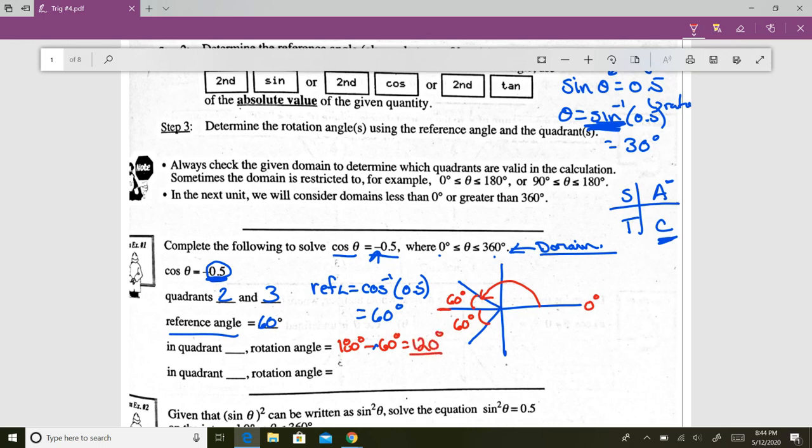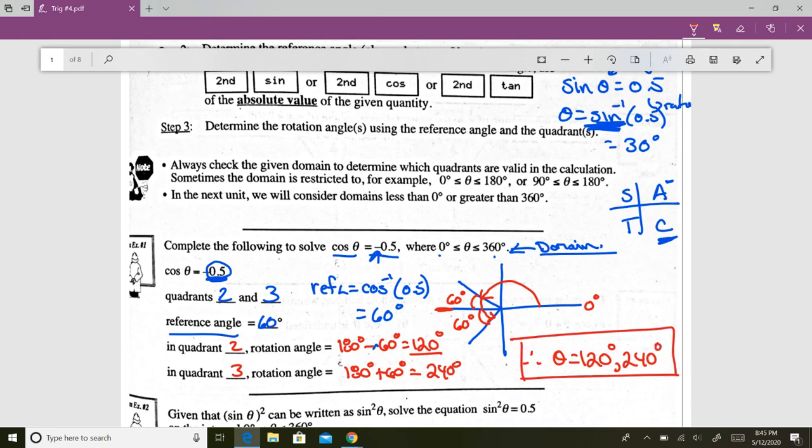So that angle is 120. Then we can also keep going to get there. So that's quadrant 2. Quadrant 3, it's going to be 180 at this point, plus 60 degrees. And you will get 240. Therefore, theta is equal to 120, 240.